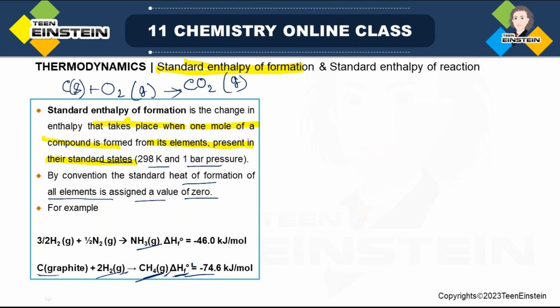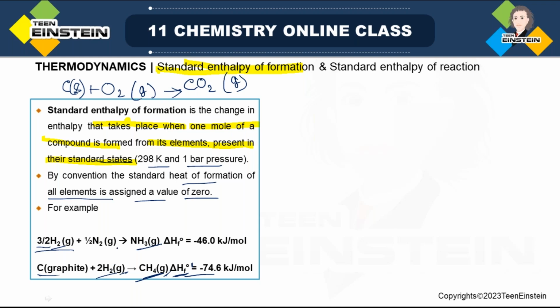Similarly, another compound we have taken is ammonia, the standard enthalpy of formation for ammonia. For ammonia formation, 3 hydrogen atoms are required. So what will you do? You have to write H2. You cannot write 3H because under normal condition it is diatomic. So you have to write it in the form of H2, but the coefficient you can write in such a way that the total number of hydrogen atoms becomes 3.